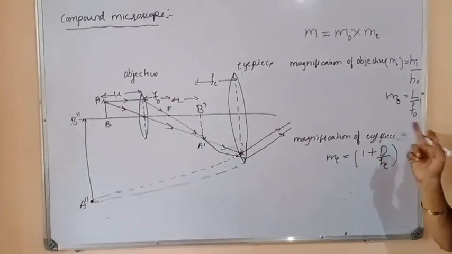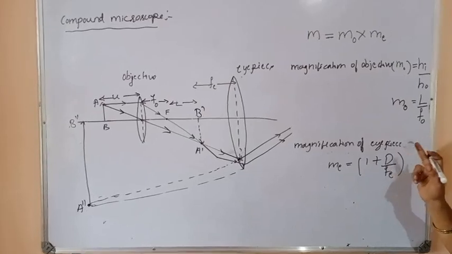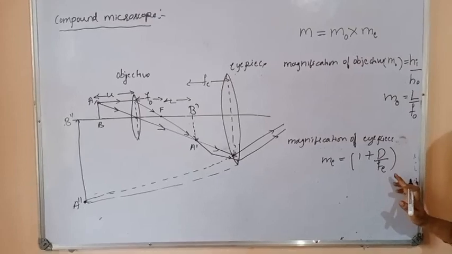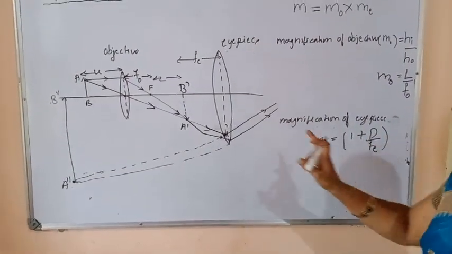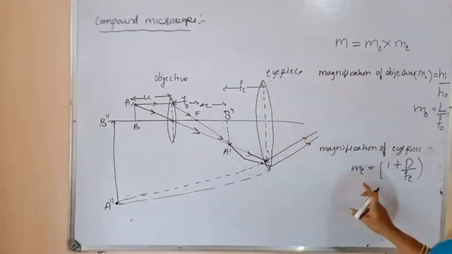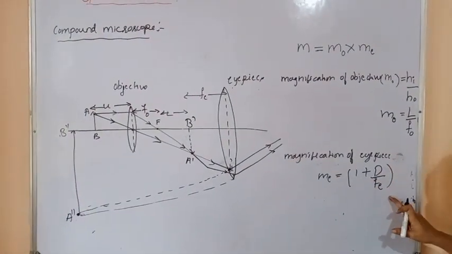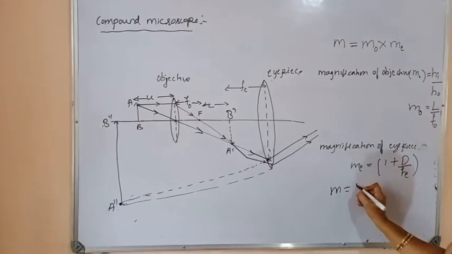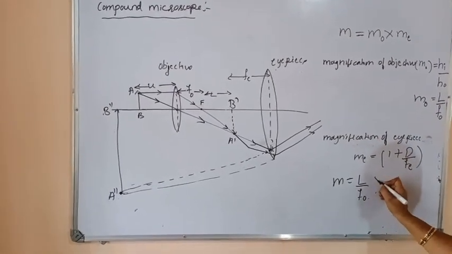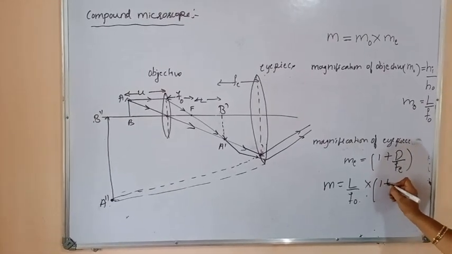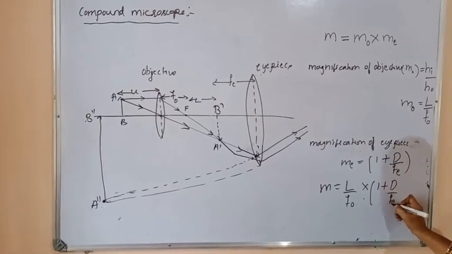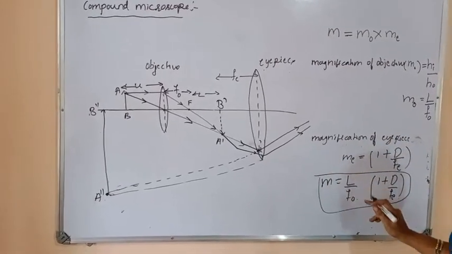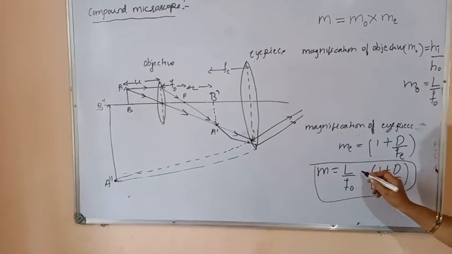You remember that in the simple microscope, the image formed at the near point is given by M equal to 1 plus D by Fe, where Fe is the focal length of the eyepiece. Substituting this, M is equal to M0, which is L by F0, into ME, which is 1 plus D by Fe. So M is equal to L by F0 into 1 plus D by Fe.